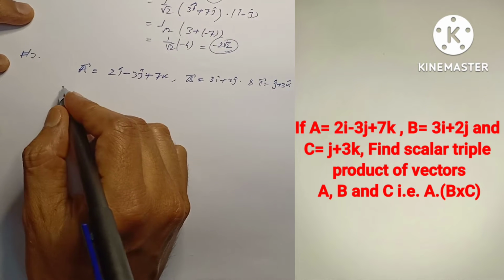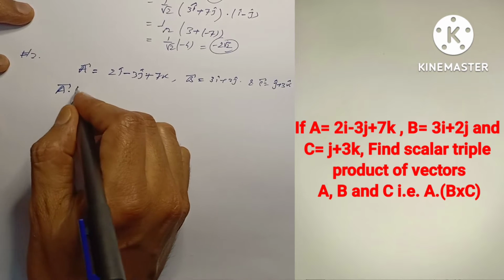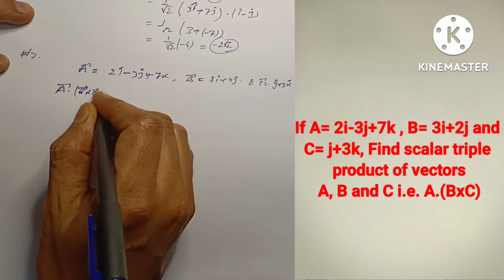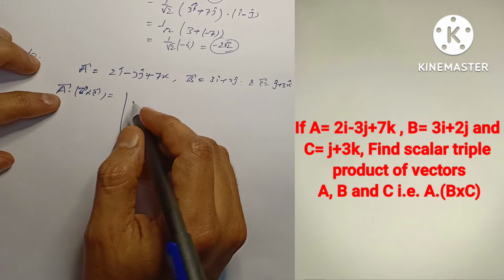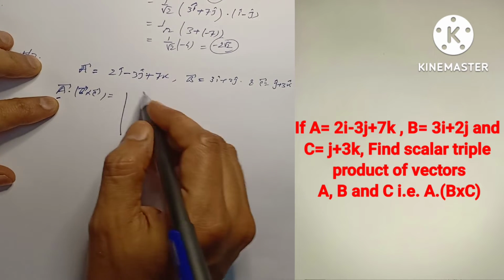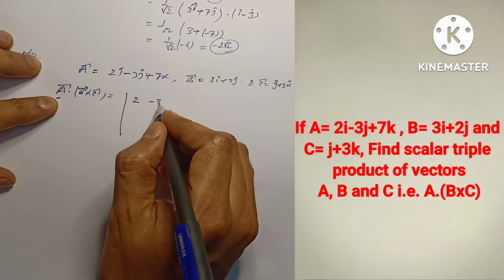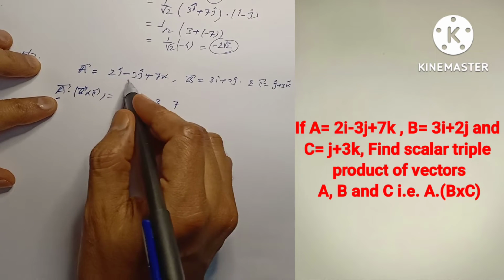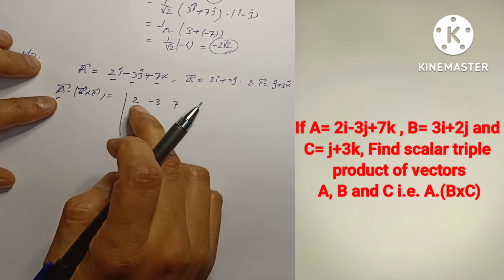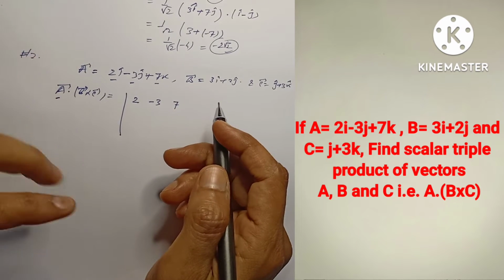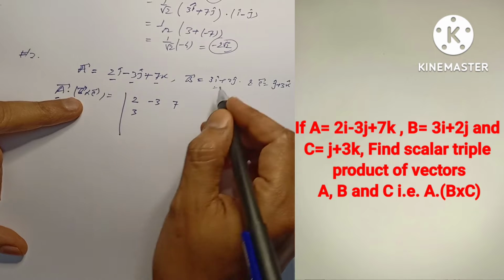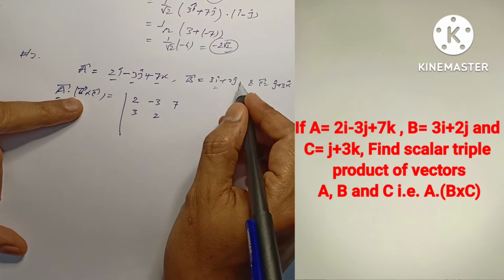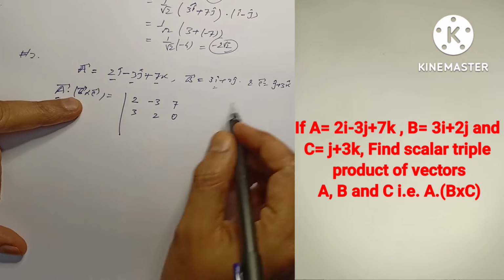So A vector dot B cross C can be written as a determinant. First, the components of A will be written as 2, minus 3 and 7, for i, j and k. Then the components of B: 3, 2, and with k there is 0, so 0.